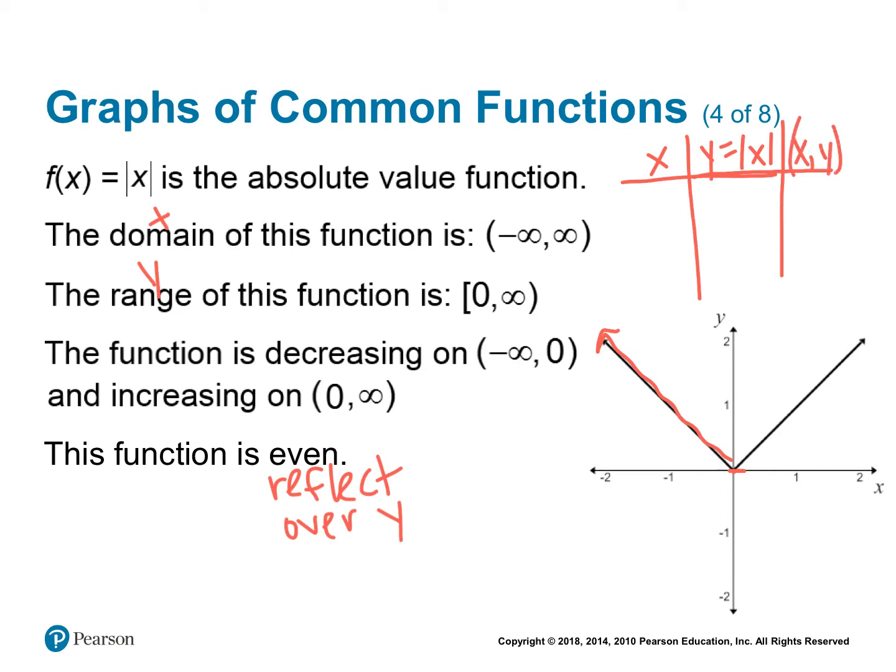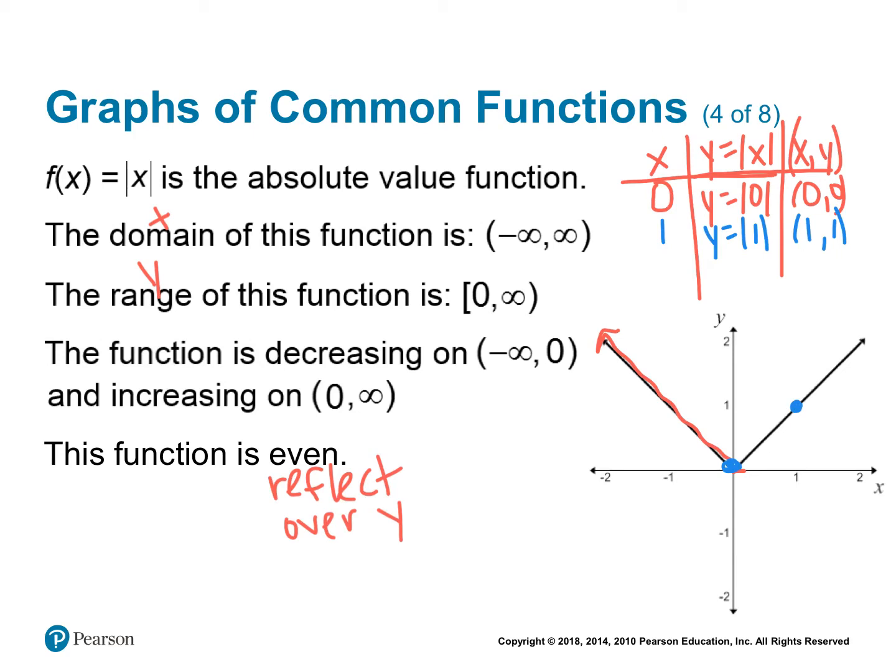So for example, when x is 0, the absolute value of 0 is just 0. So we have that coordinate right here. For 1, I'd have y equals the absolute value of 1, which is 1. So 1, 1 is a coordinate, which you can see is right here on the graph.